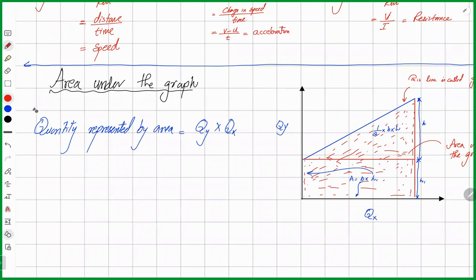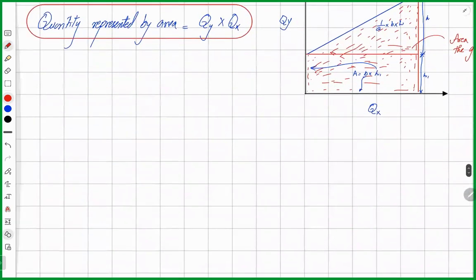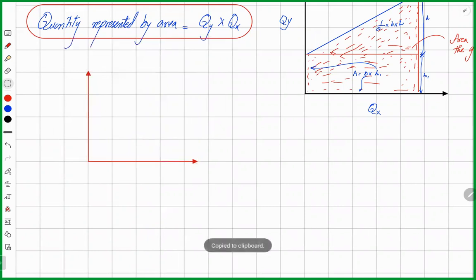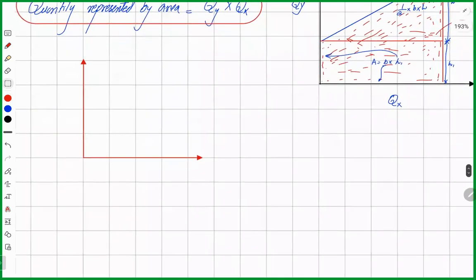Let me give you some example for this thing. Let's say if we have a graph like this, okay, this is a graph, and this is actually axis, and there is graph like this.